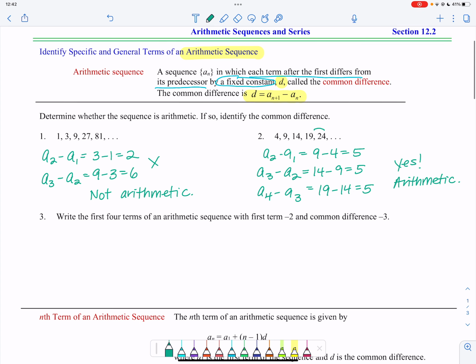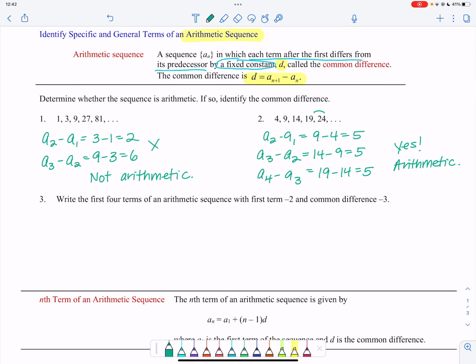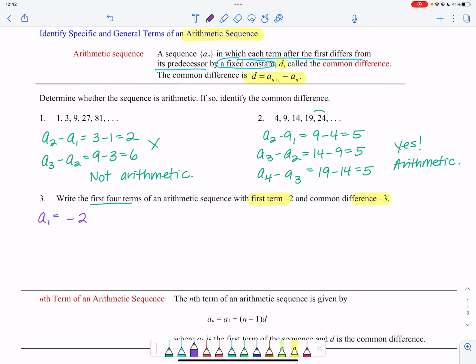Okay, now let's come up with an arithmetic sequence. Here we're going to write the first 4 terms of an arithmetic sequence with first term -2 and d equal to -3. So let's write that down. a sub 1 is equal to -2, and d is equal to -3.